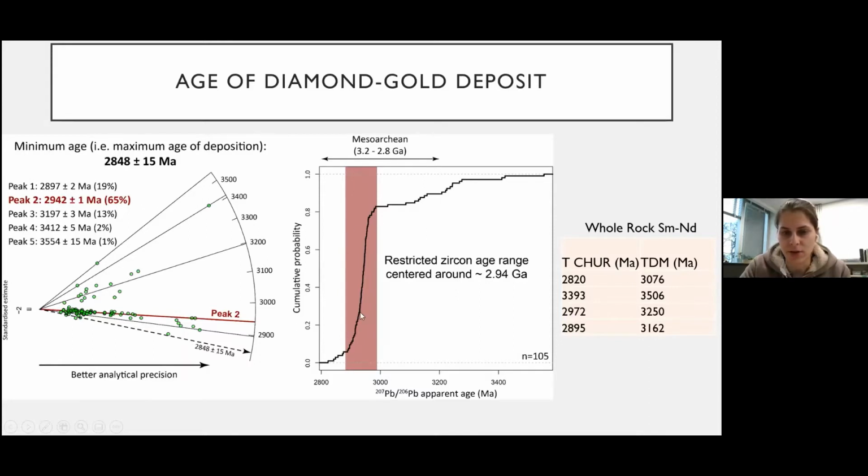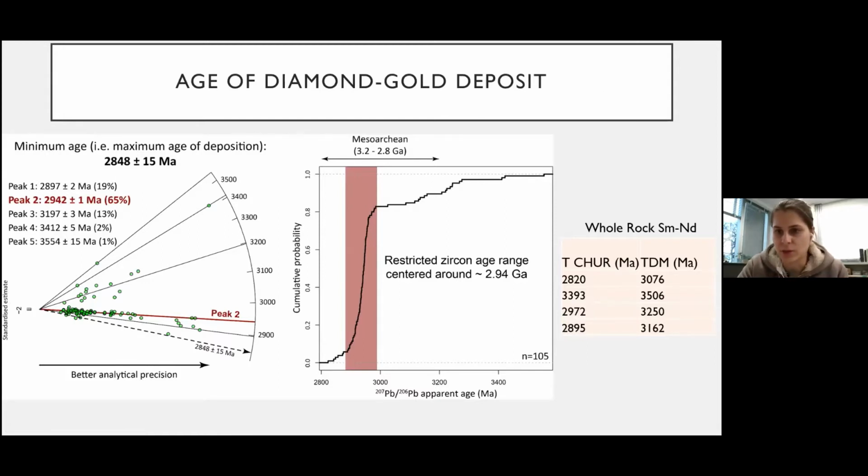In the graph on the right, you can also see that we have a very restricted age range from the zircons, centered around 2.94 billion years old, and that the maximum deposit age is 2.84.